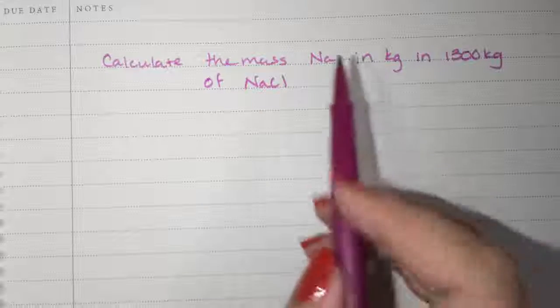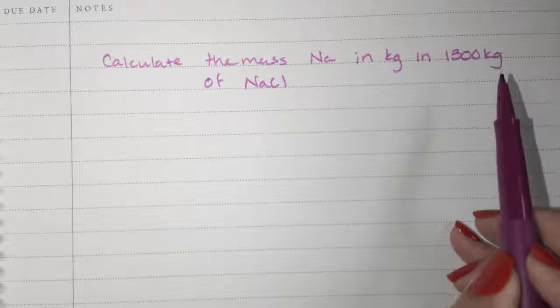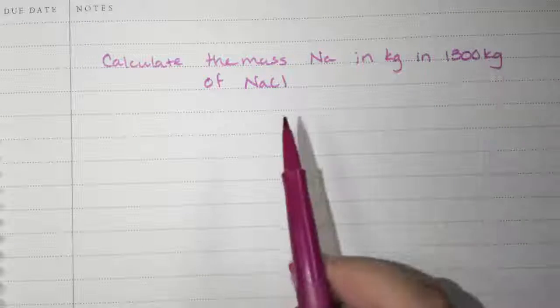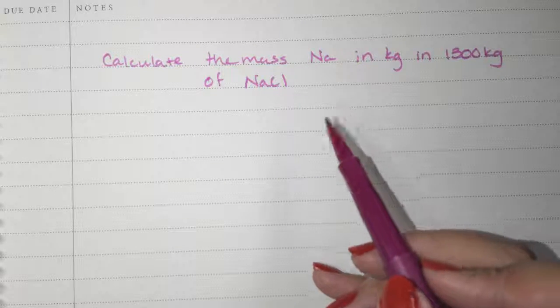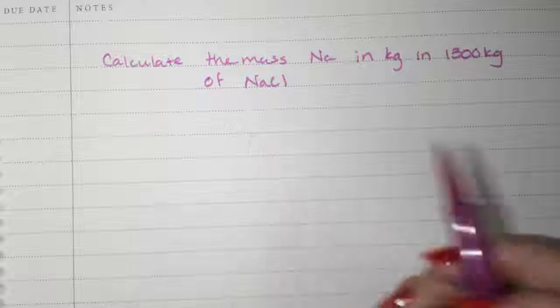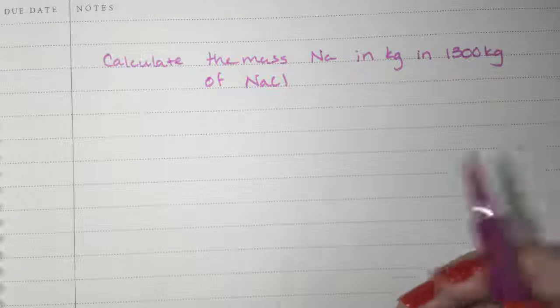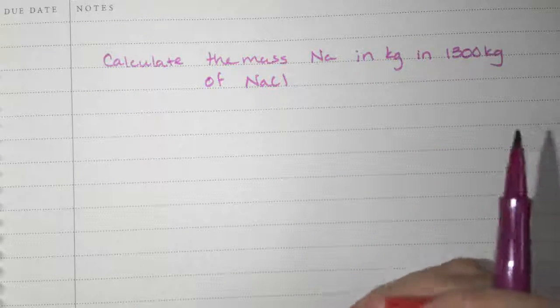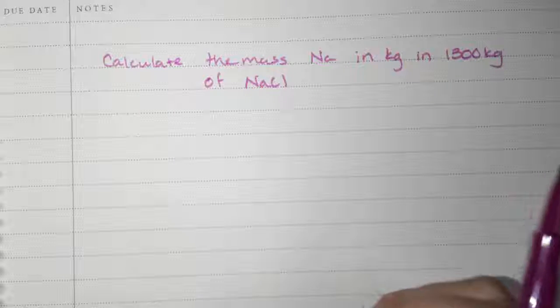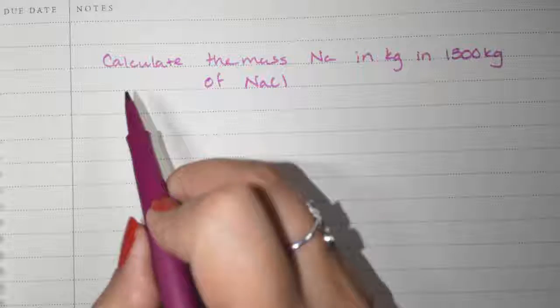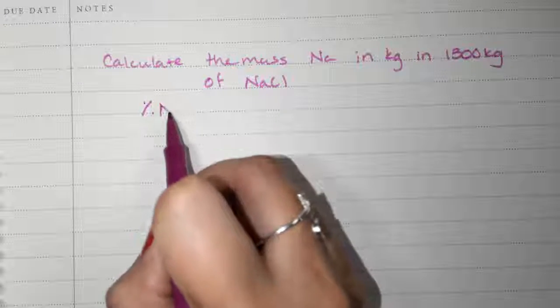So I just want to know sodium's amount in this particular sample that I've been given. So the first thing we're going to have to do is find out how much sodium is in sodium chloride, because remember that it's not evenly distributed amongst each element, because each element has its own mass, it has its own specific ratio when it comes together. So we have to find the percent composition of sodium first.